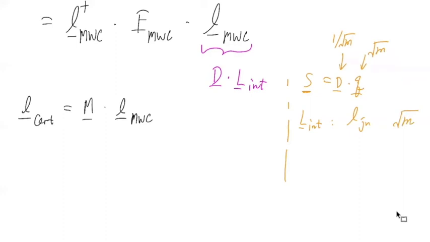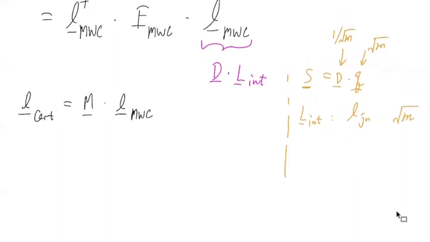And therefore, if you do D matrix dot the L matrix, then you do not have any unit, right? This is the small l mass-weighted coordinate. You do not have any unit because 1 over square root mass times square root mass is a dimensionless quantity.